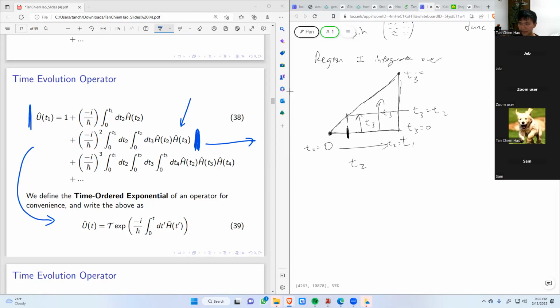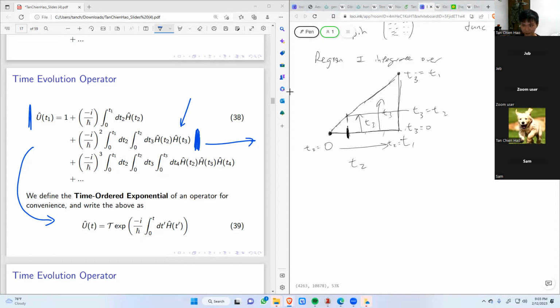As t2 increases, t3 goes from 0 to some small amount, 0 to 2, 0 to 3, 0 to 4, all the way to 0 to t1.